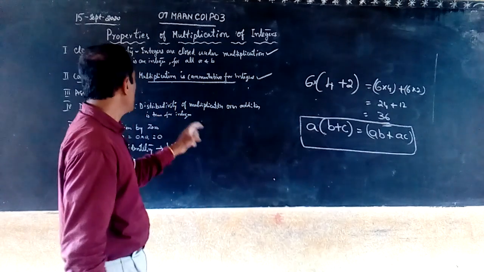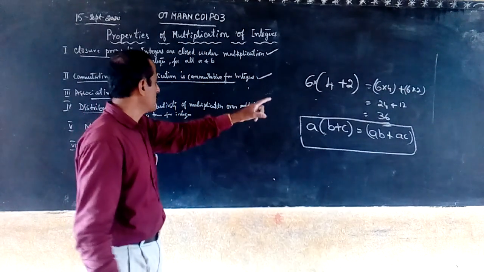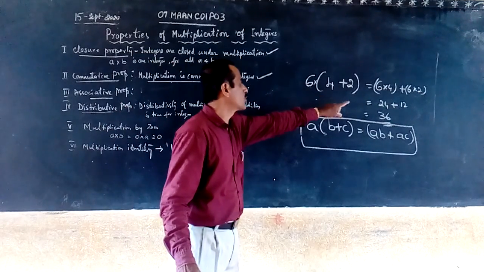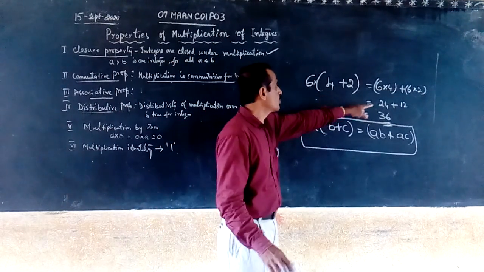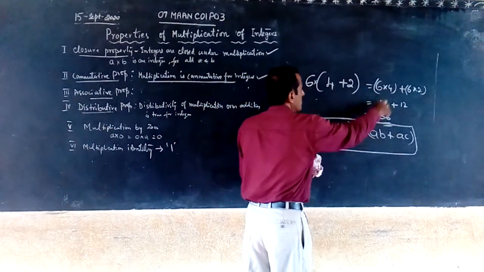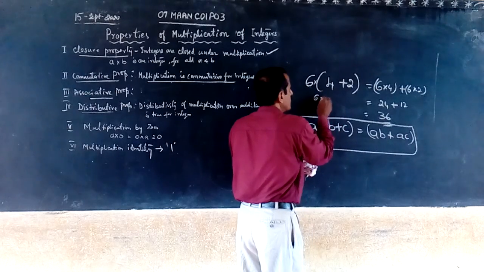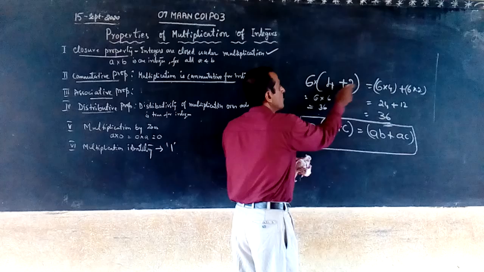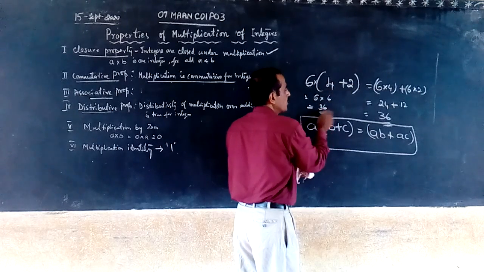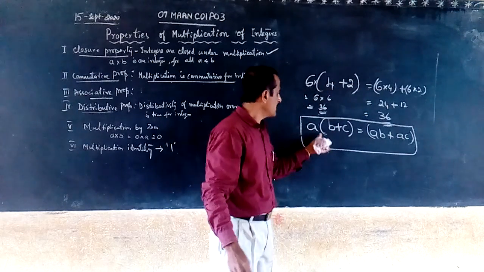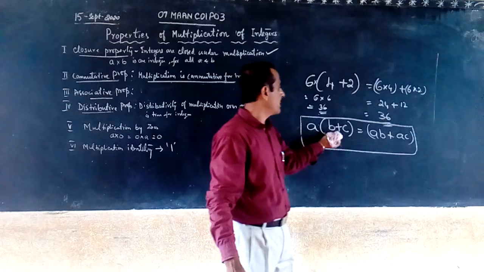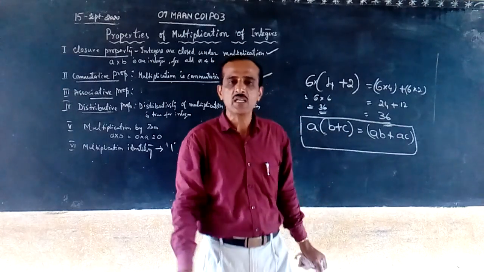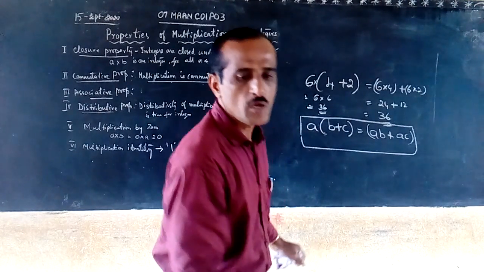So we can say distributivity of multiplication over addition is true for integers. See here, 6 into 6 is equal to 36, and here also the same: 6 into 4 plus 2 is 6, 36. Both are also the same. Therefore, in general, A into B plus C is equal to AB plus AC. So this is the distributive property.